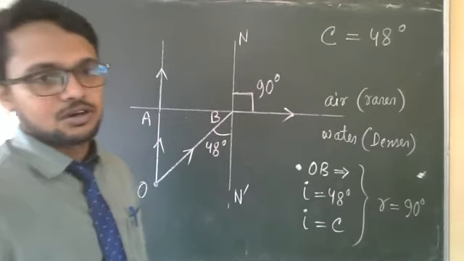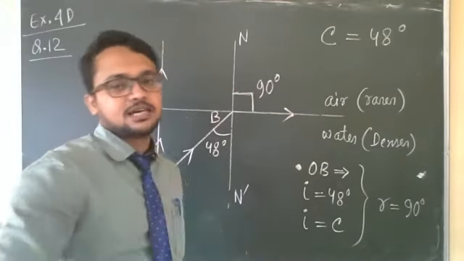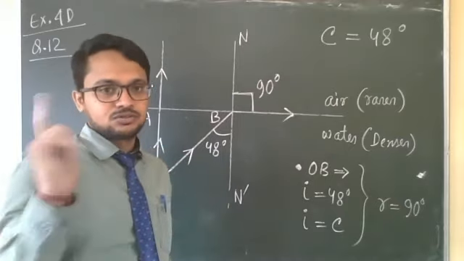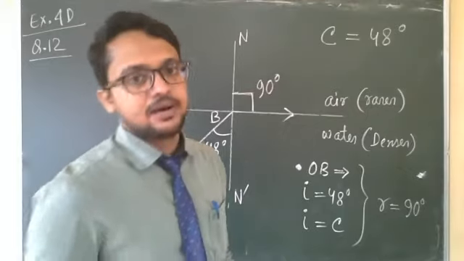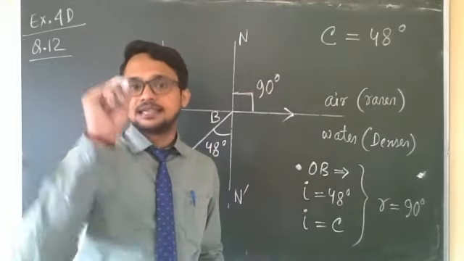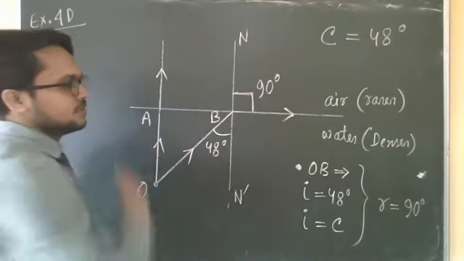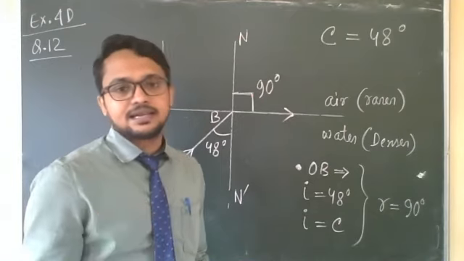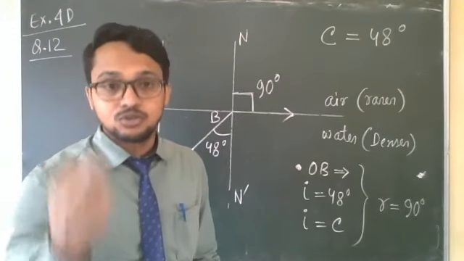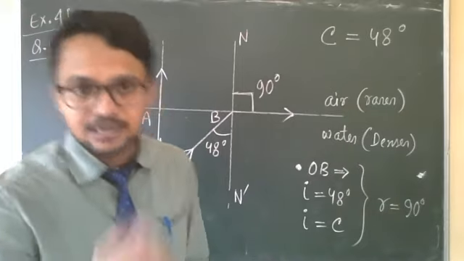The conditions we all know. The first condition is the ray should go from denser to rarer medium. The second point is the angle of incidence in the denser medium should be greater than the critical angle for that pair of media and for that particular color.